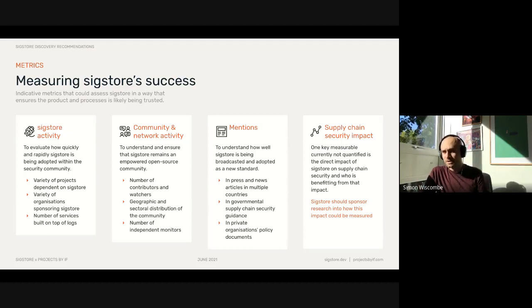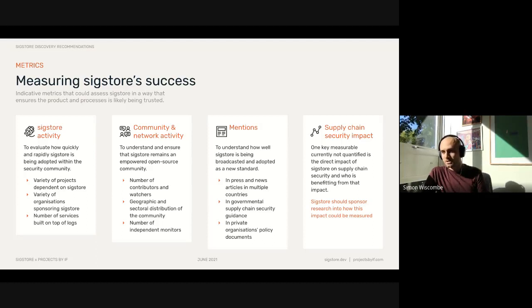And that extends to the network and community activity as the second major category, to make sure it remains empowered and open source. So you're looking at things like numbers of contributors and watchers, where they're geographically and sectorally distributed, and how many independent monitors are currently watching the logs and moderating that.